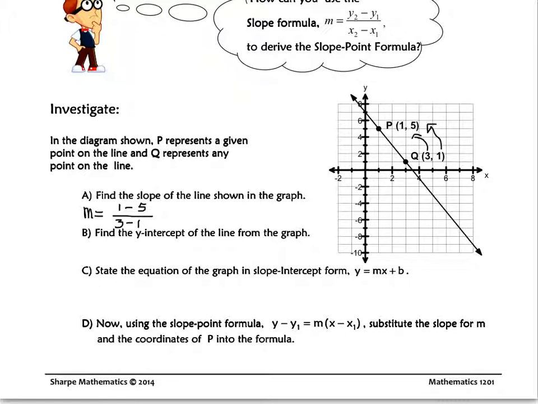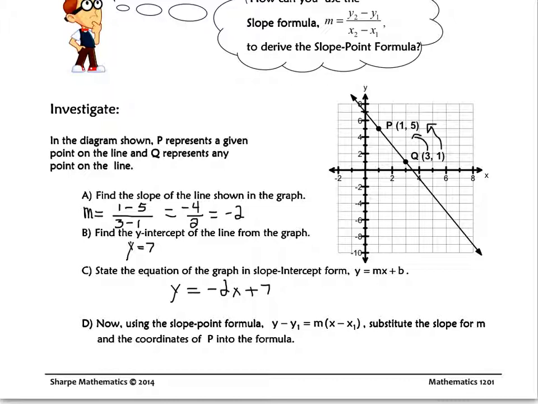So we end up with negative 4 over 2, which is negative 2. If we find the y-intercept of the line, we look at it's crossing over the y-axis at 7. And so the equation of the line from our last sections using slope-intercept form would just be y equals negative 2x plus 7.